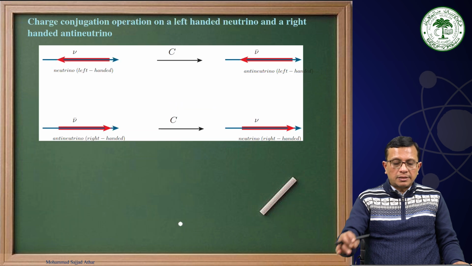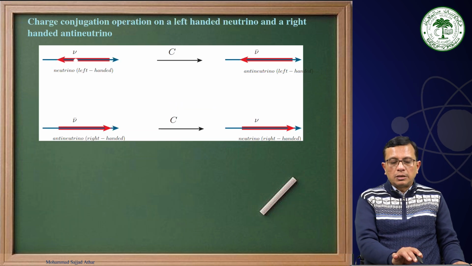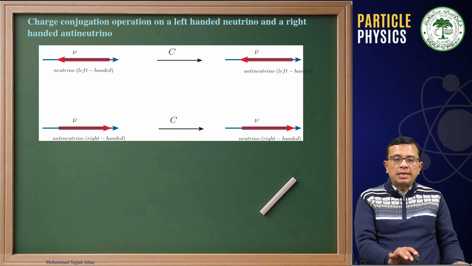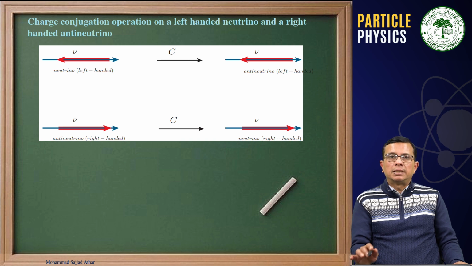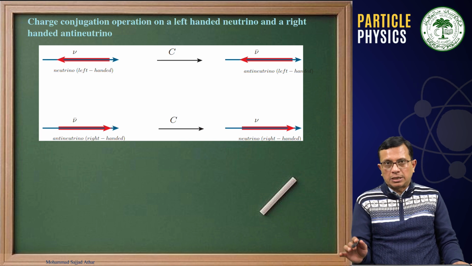Now let us do the C operation. What does this C do? This C takes a particle to an anti-particle state. Therefore, nu will become nu bar without changing its momentum, without changing its position, without changing time, without changing its spin, et cetera.